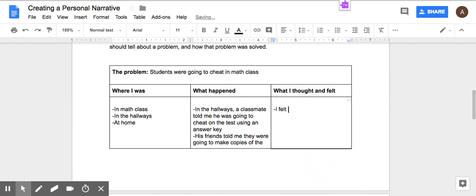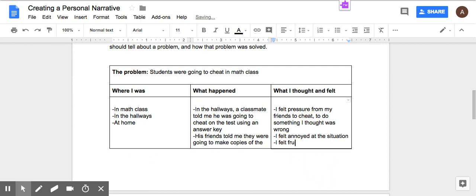So what I thought and felt. I felt pressure from my friends to cheat, to do something I thought was wrong. I felt annoyed at the situation because the math class was hard, everyone was frustrated, which is another feeling.